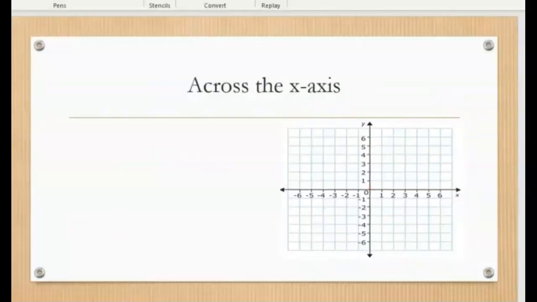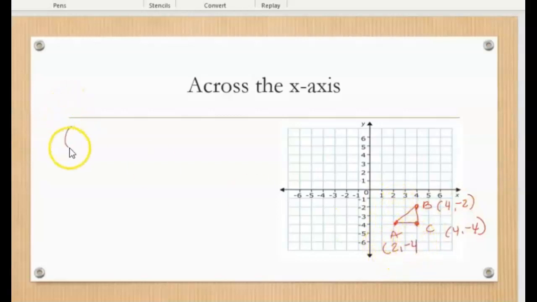So let's talk about reflection across the x-axis. So I'm going to make a shape. Let's put some points in here. We're going to call this triangle ABC. And B is coordinate point 4, -2. C is 4, -4. And A is 2, -4.